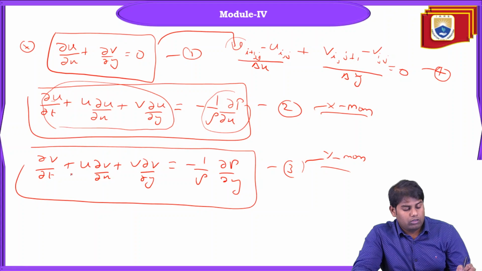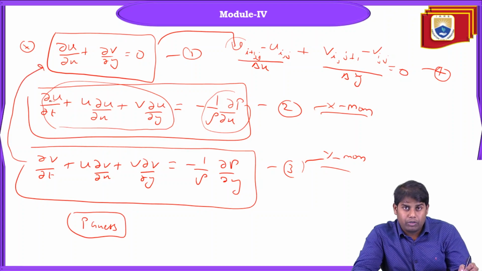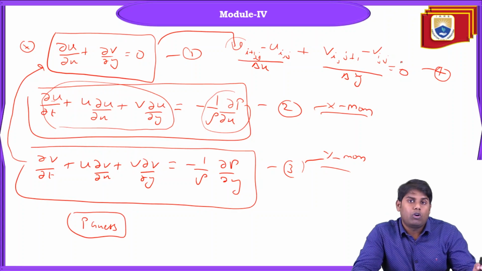From the velocity values, you get a p value which is a guess or predicted value. You keep it aside. Whatever you guessed, you substitute in the continuity equation and verify whether it is equal to 0 or not. If it is not equal to 0, you have to update the guess.